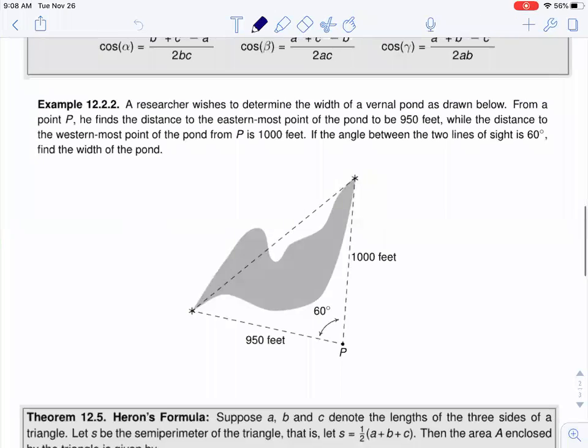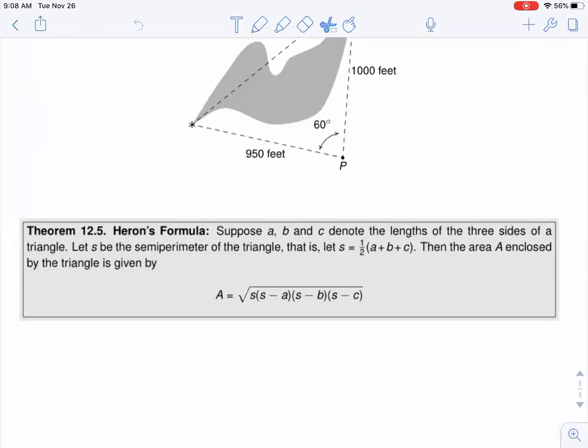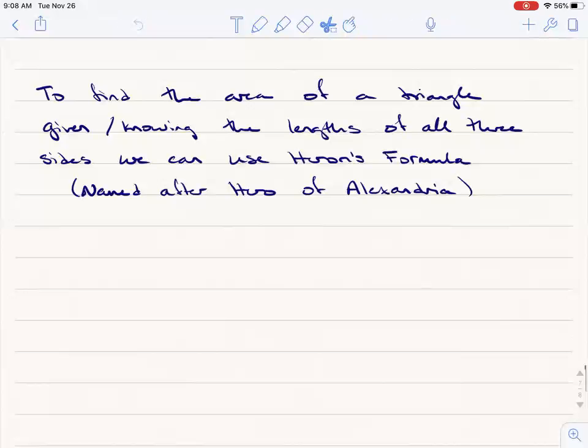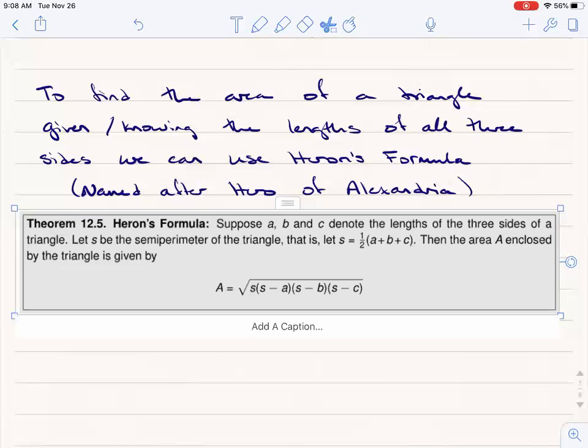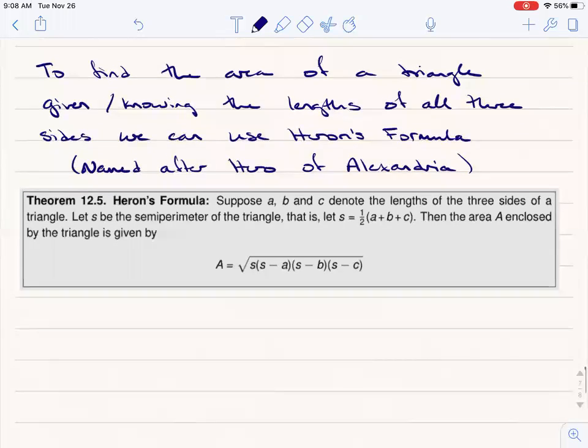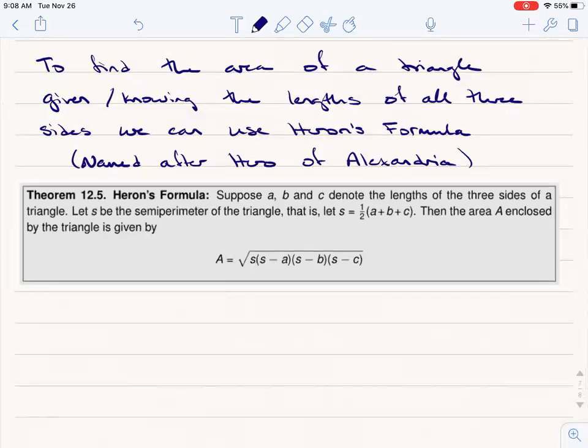So we've got Heron's formula on your handout. Which just says, suppose A, B, and C denote the lengths of the 3 sides of a triangle, right? Any triangle. Let S be the semi-perimeter of the triangle. So the semi-perimeter is just half of the perimeter. If you had to find the perimeter, it would be A plus B plus C, right?